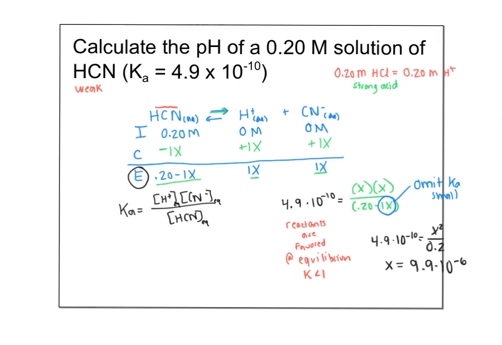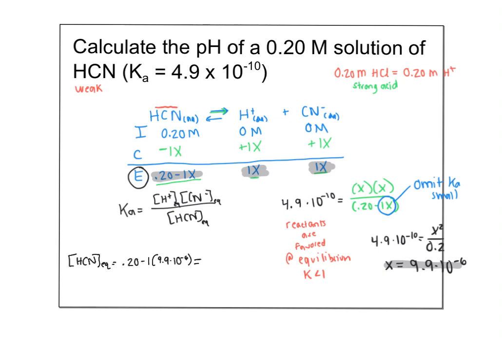So if we plug that x value in to our equilibrium, we can find the concentrations of everything. So the equilibrium concentration of HCN is equal to 0.2 minus 1 times 9.9 times 10 to the negative 6.